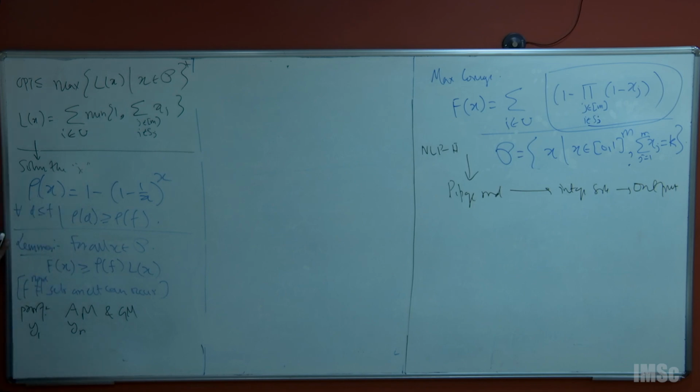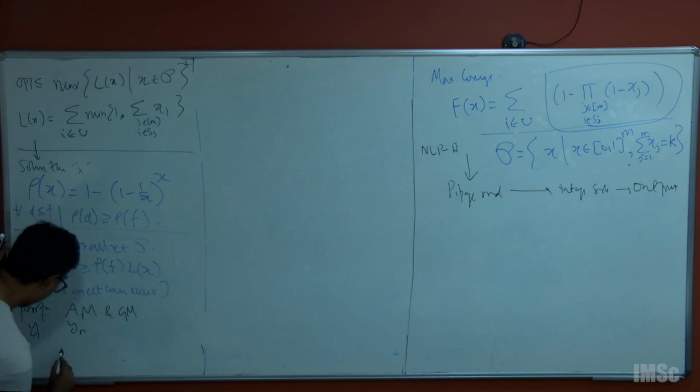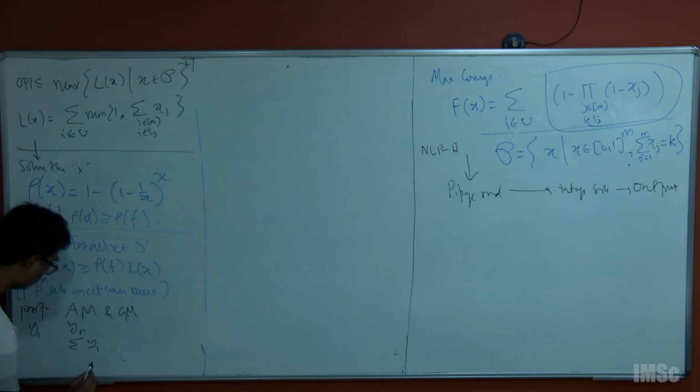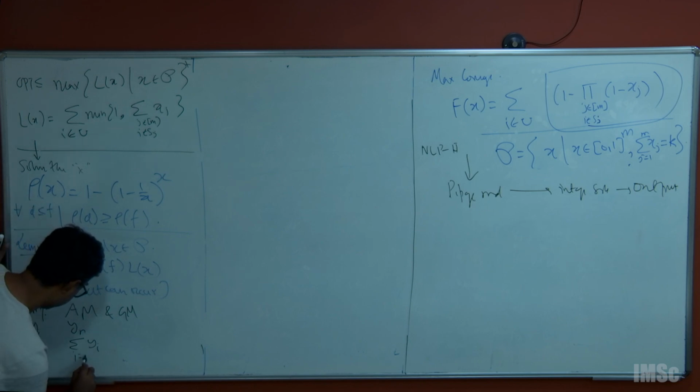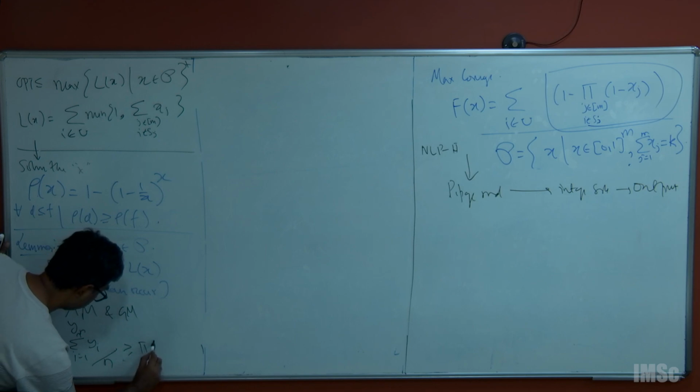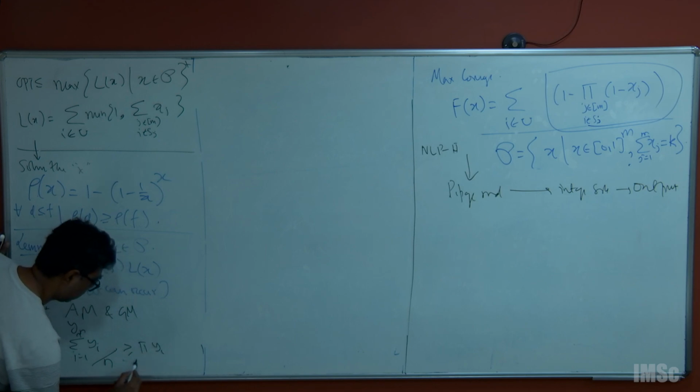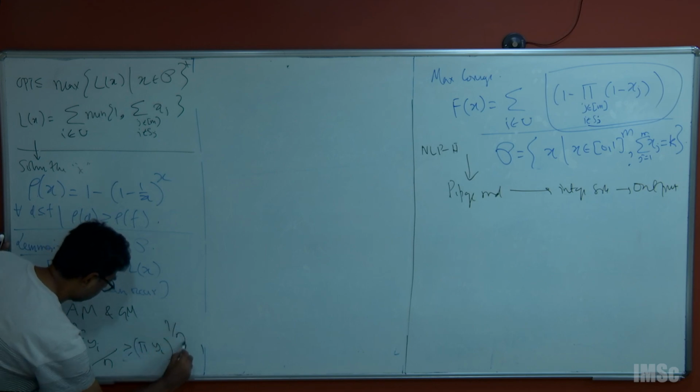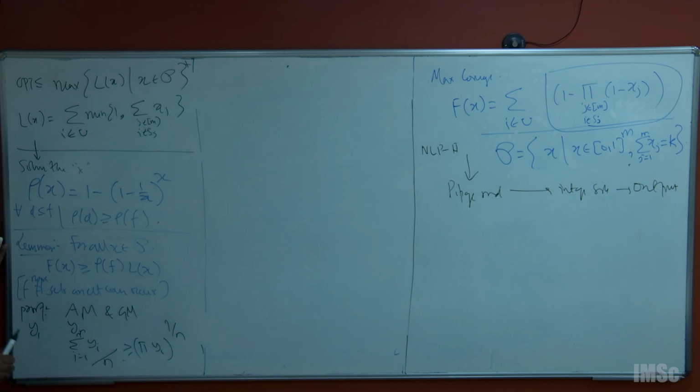The summation of yi from 1 to n, divided by n, is greater than or equal to the product of yi to the power 1 by n. Is that fine? Okay.